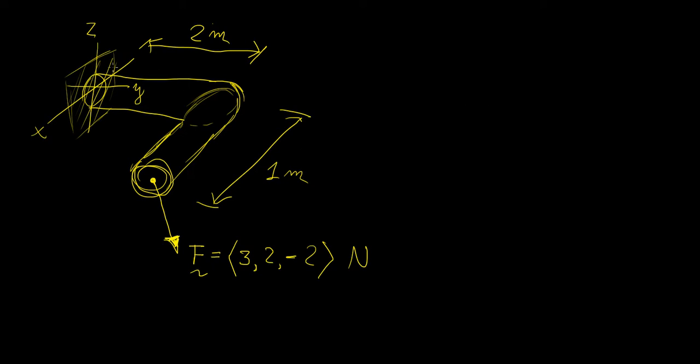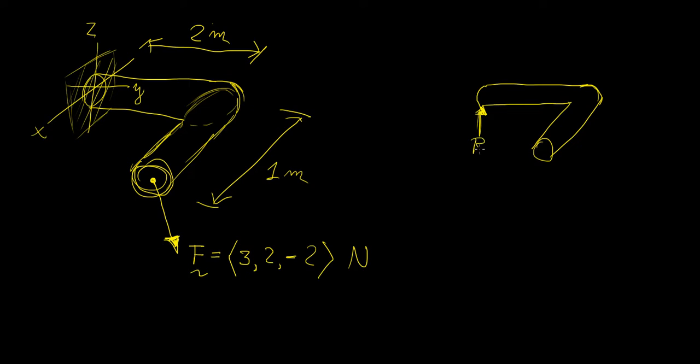So as we always do, we're going to draw the free body diagram. We're going to draw the handle here, and it is going to look a little bit like this. We know that at the wall, because it's a fixed kind of support, we're going to have some reaction force in the Z direction.